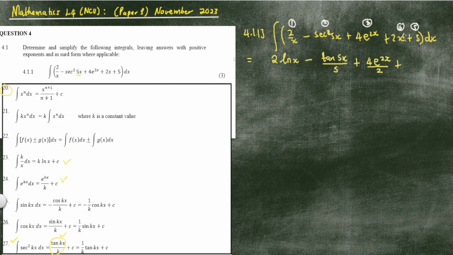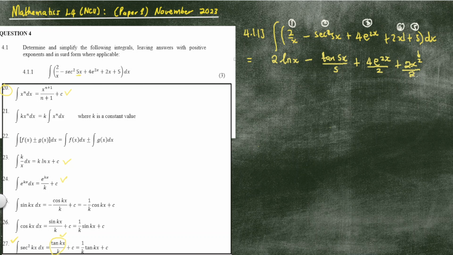So what is 1 plus 1? That's 2. So it's going to be x to the 2. You add 1 to the exponent. What is 1 plus 1? It gives us 2. I'm applying integral number 20, divided by n plus 1.